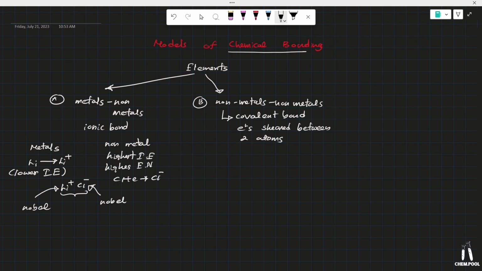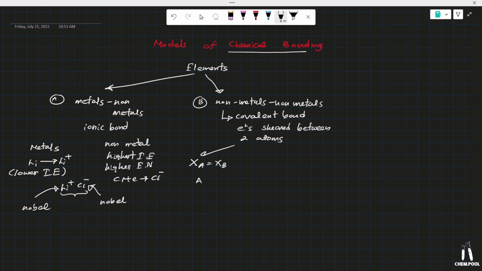Basically it can't be said they are always equally shared, but if the electronegativity difference is equal, then what happens? Generally electronegativity is denoted by X, right? Here XA equals XB.